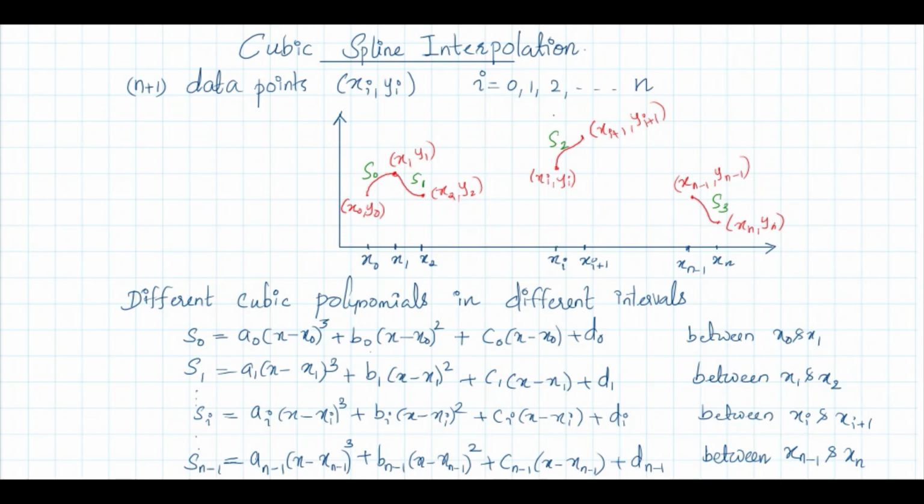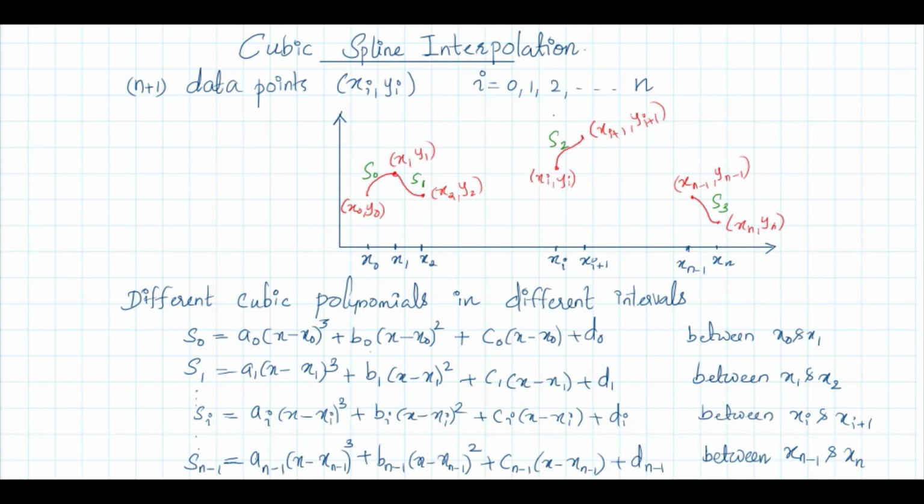That is why this is known as cubic spline interpolation. So the idea is between each data point, we will fit a cubic polynomial. Between x0, y0 and x1, y1, we will fit a polynomial which is called S0. Between x1, y1 and x2, y2, we will fit S1 and so on.